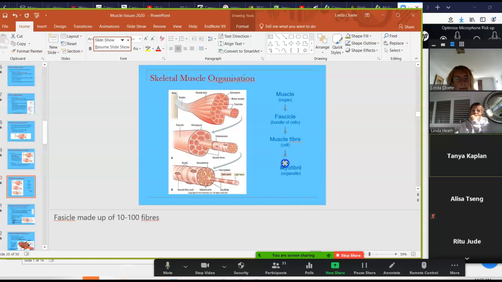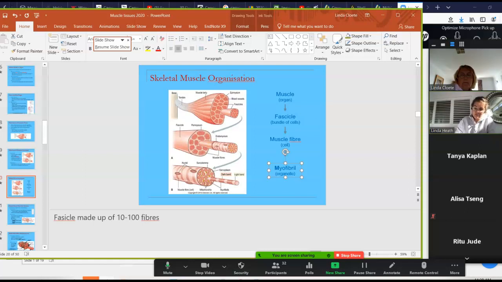How does a muscle cell differ from a normal animal cell? If you were asked to compare a muscle cell to any other cell, what would be the differences and similarities you would bring up? Contractibility. Okay, in terms of function, it is contractile, yes, similar to the cytoskeleton.